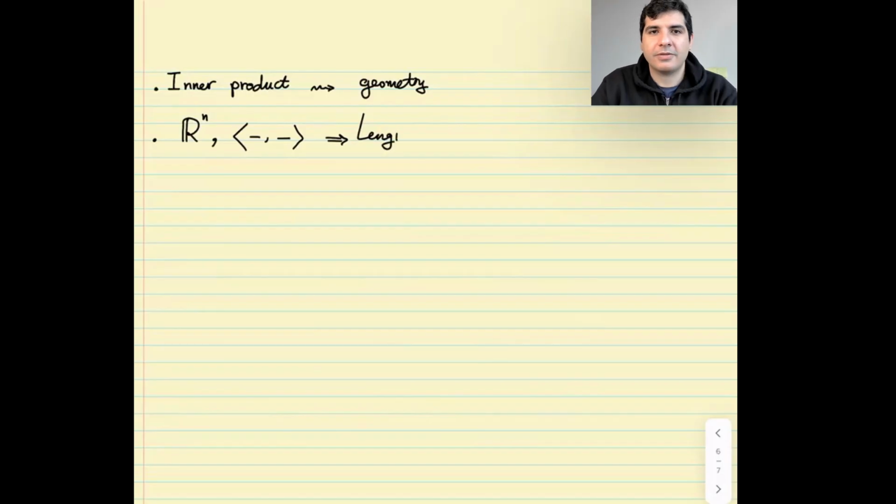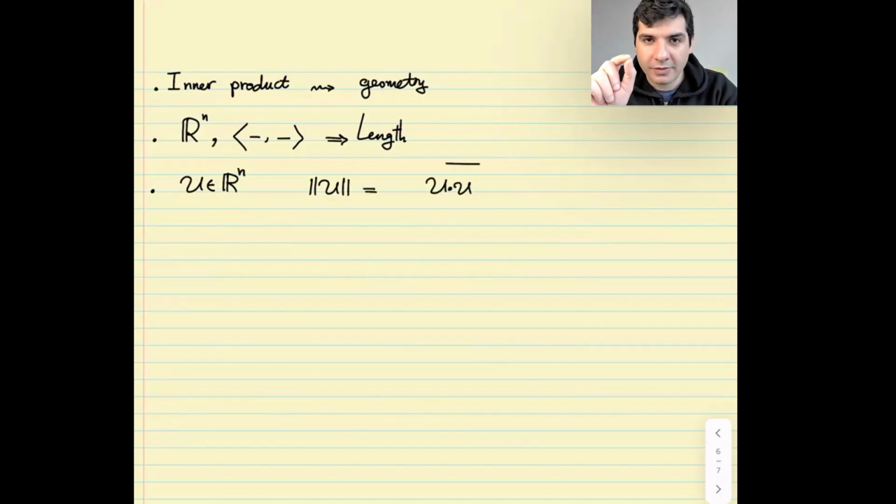With this notion, we can first compute the length of vectors, or the norm or modulus of vectors. So pick some u in R^n. The length of the vector u depends on what I define as the inner product on that space. I define the length of the vector u to be the square root of the inner product of u with itself. So if you change your definition of inner product, and pick a non-standard inner product, the length of vectors would change.